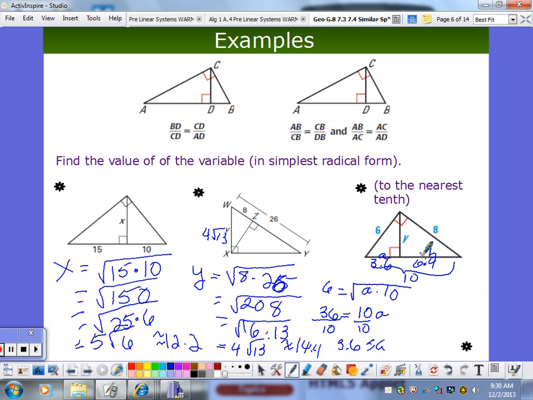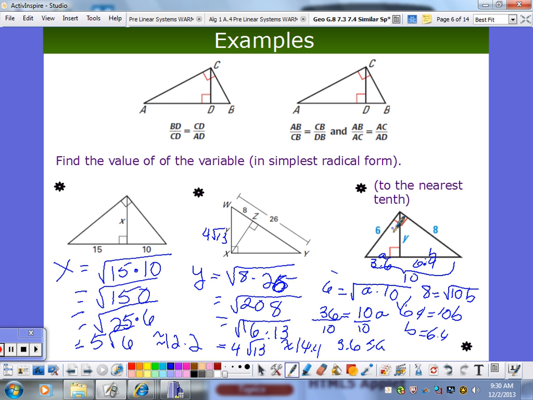What's another way I can find it? Yeah, 8 is the geometric mean of B times 10. So how am I going to get B? Square both sides: 64 equals 10B. Divide both sides by 10. B equals 6.4. So I'm in pretty good shape.